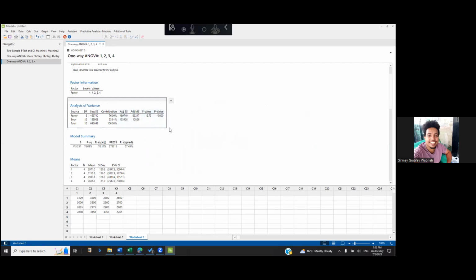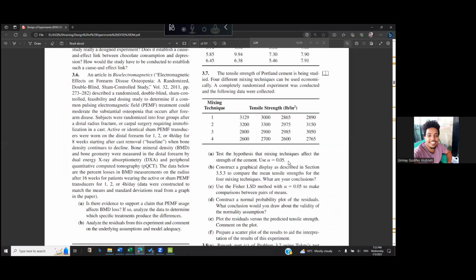So we reject the hypothesis: the mixing technique affects tensile strength.